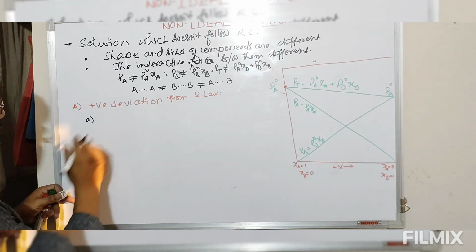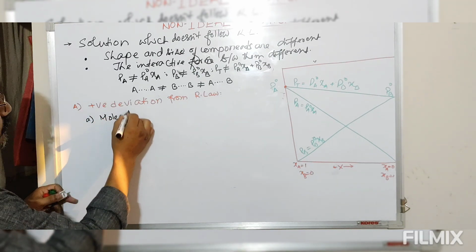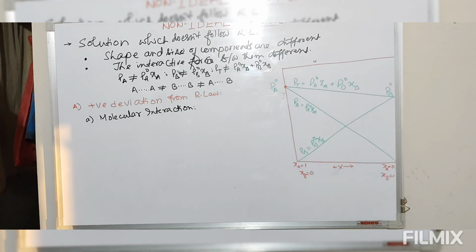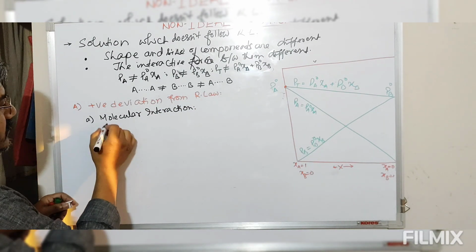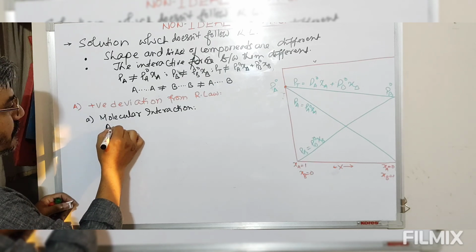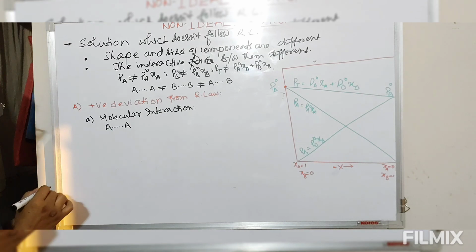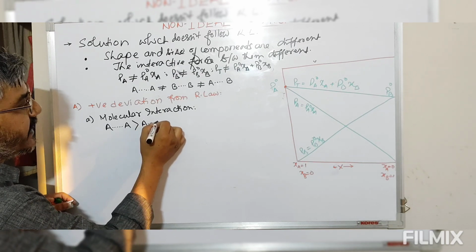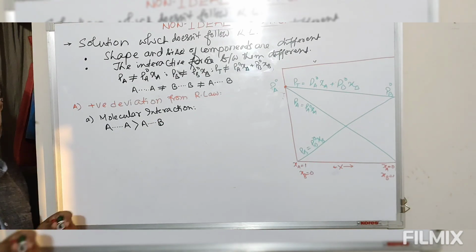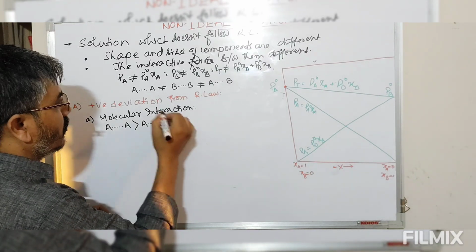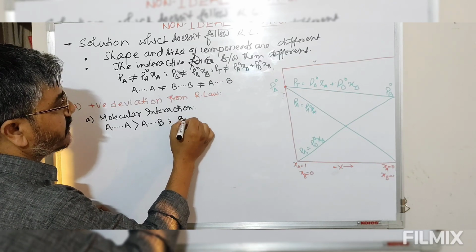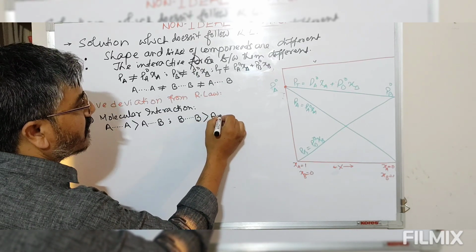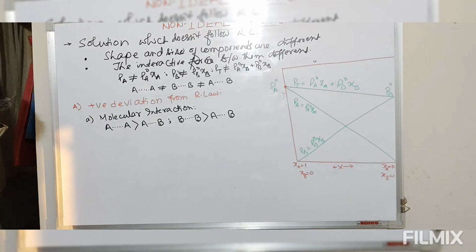the molecular interaction term. So molecular interaction says, now this interaction between A and A molecule is greater in magnitude than the interactive force that exists between the different components A and B, or the interactive force that exists between B and B molecule is greater in magnitude than A and B. Now look at this.